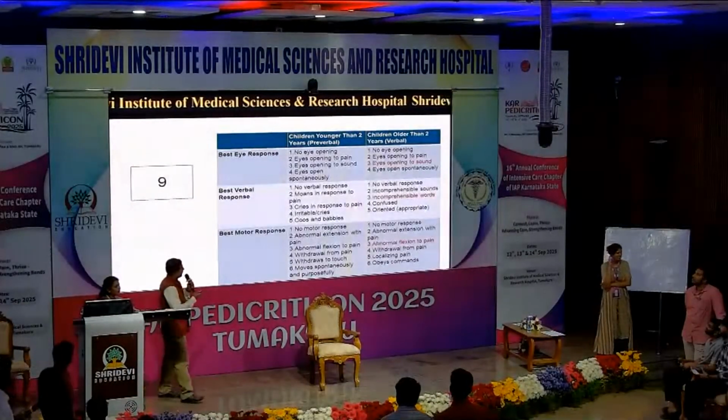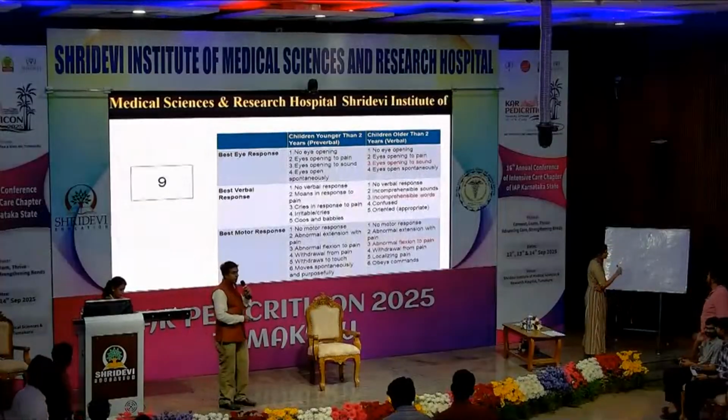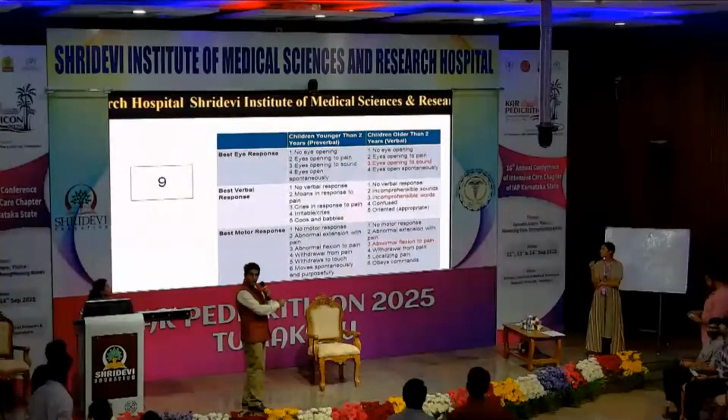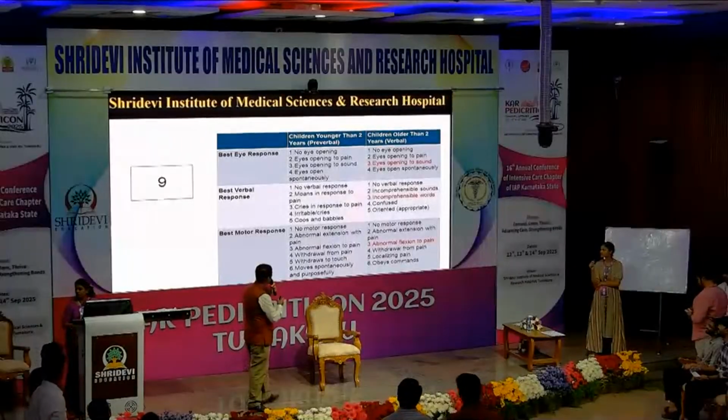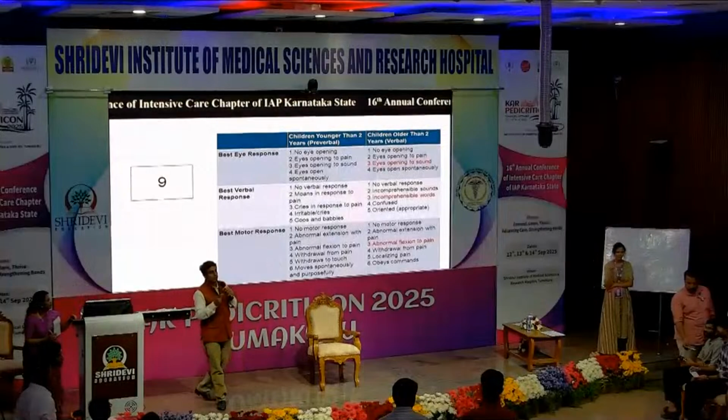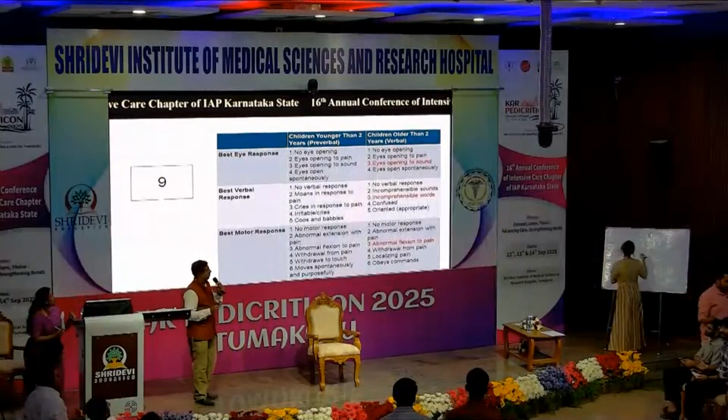No, the answer is 9. The red ones is what I have marked there. Sound is 3, as it is more than 2 years old. And incomprehensible words and abnormal flexion to pain. C is the correct answer.